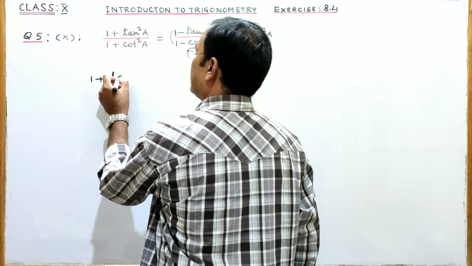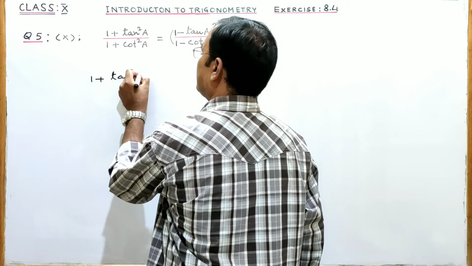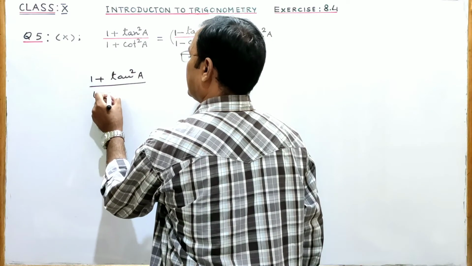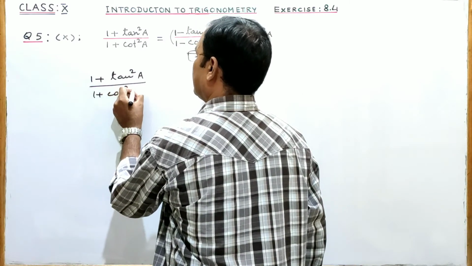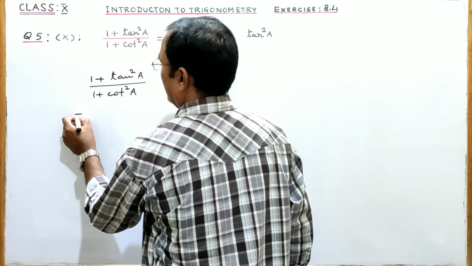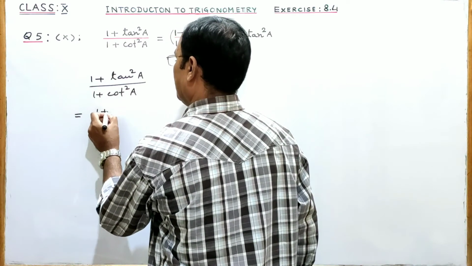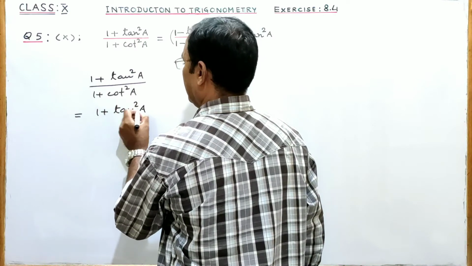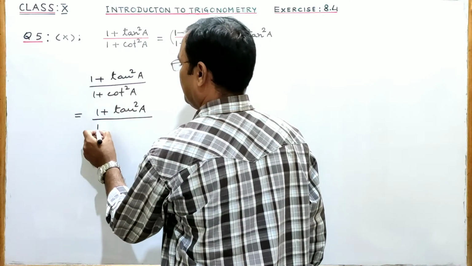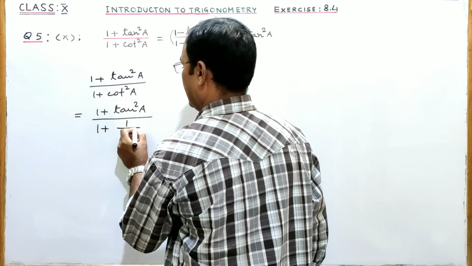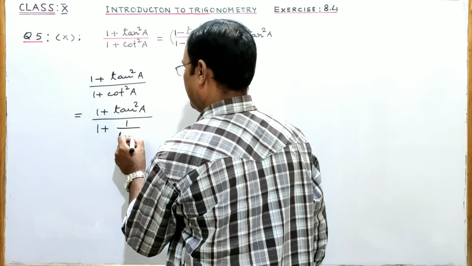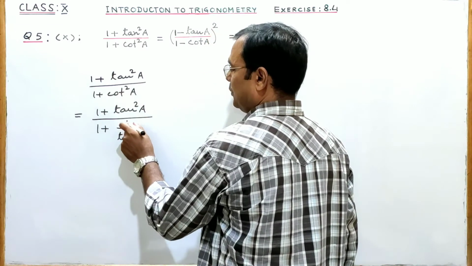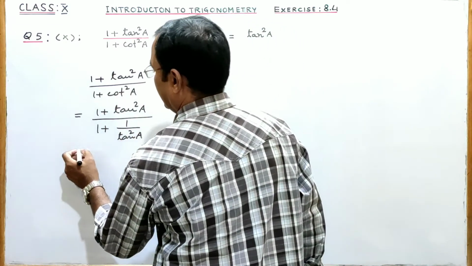1 plus tan square a by 1 plus cot square a. This is equal to 1 plus tan square a by 1 plus 1 by tan square a. Cot square a we have written 1 by tan square a.